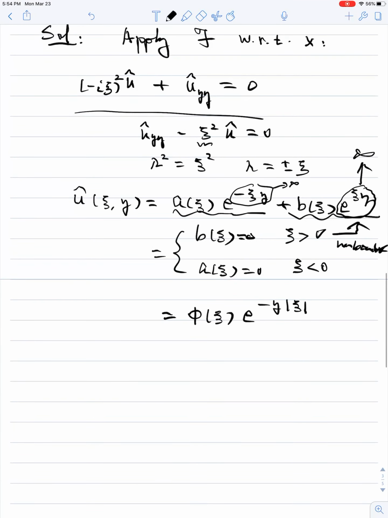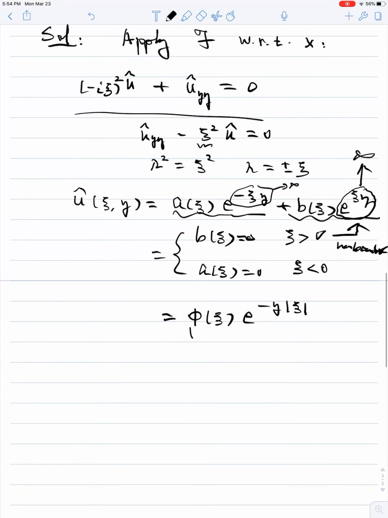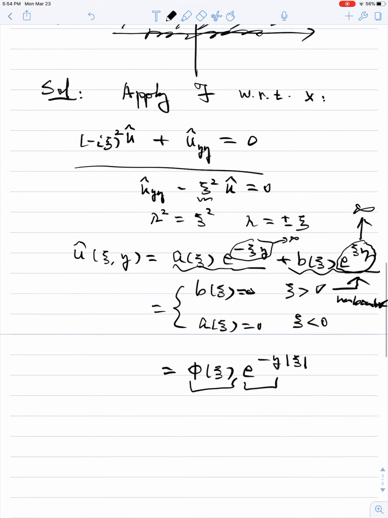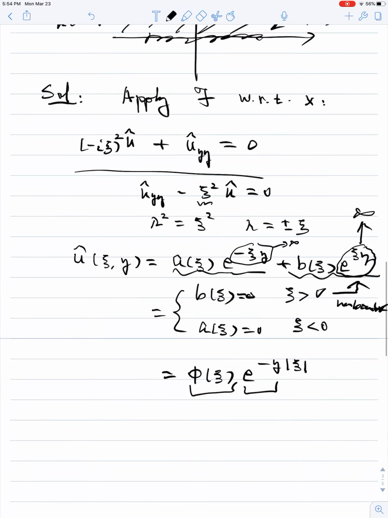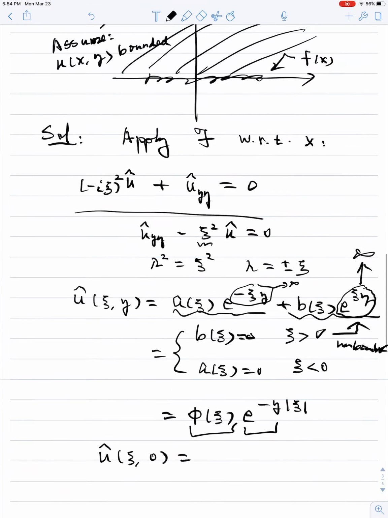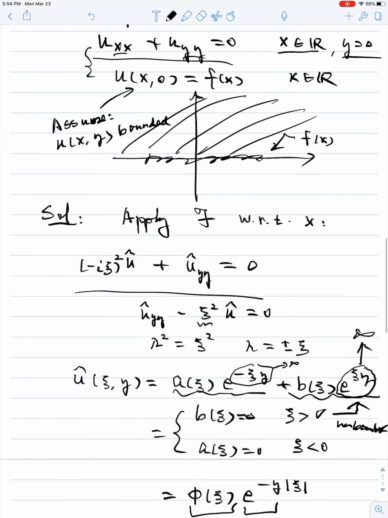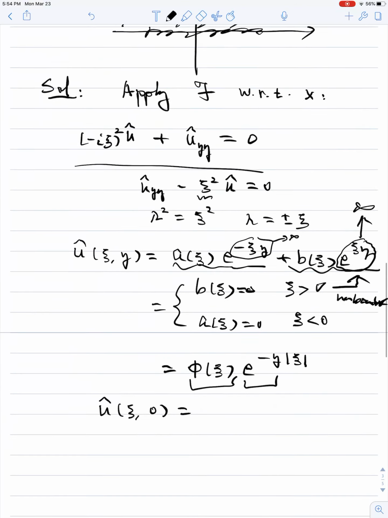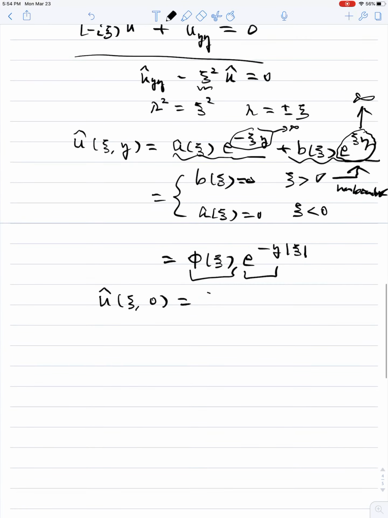Now, this again is a product of two functions, so we also need to determine what phi(ξ) is. We use the same trick: we apply the Fourier transform with respect to x to the boundary condition, so we get u hat(ξ, 0) equals f hat(ξ).